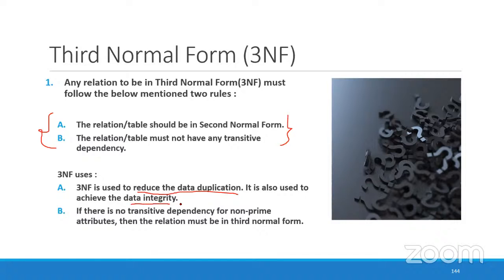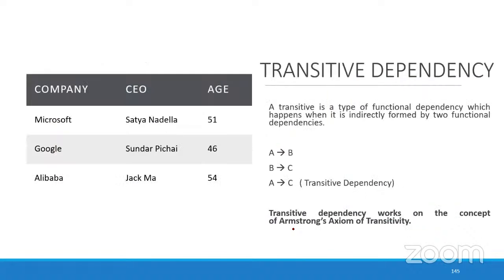This is a very important point, all of you remember: if there is no transitive dependency for non-prime attributes, then the relation must be in third normal form. Now we will discuss what a transitive dependency is, because before converting a table into third normal form, we must know the transitive dependency.